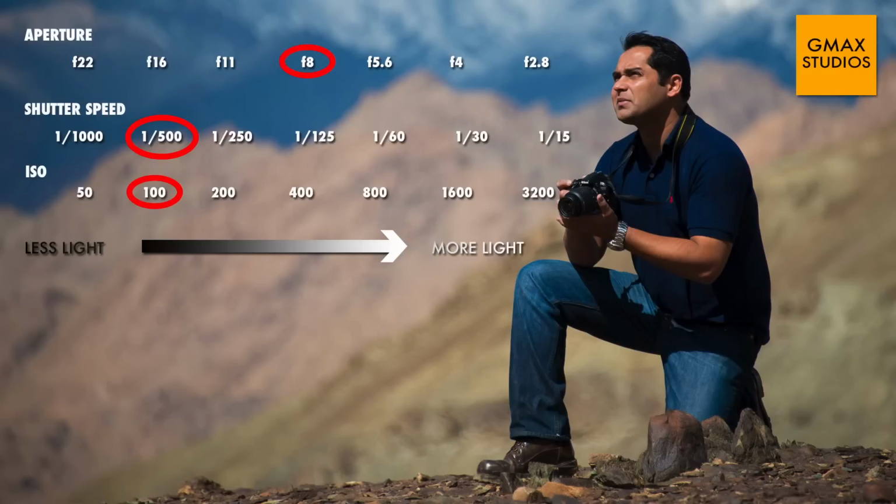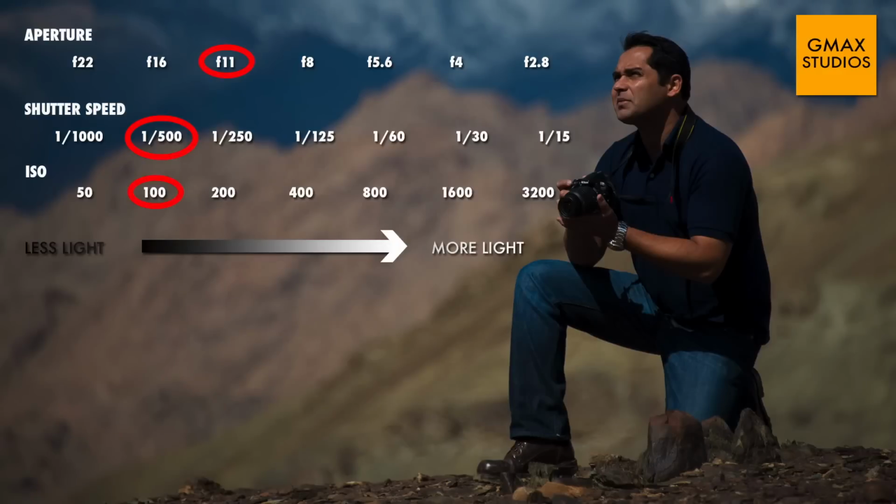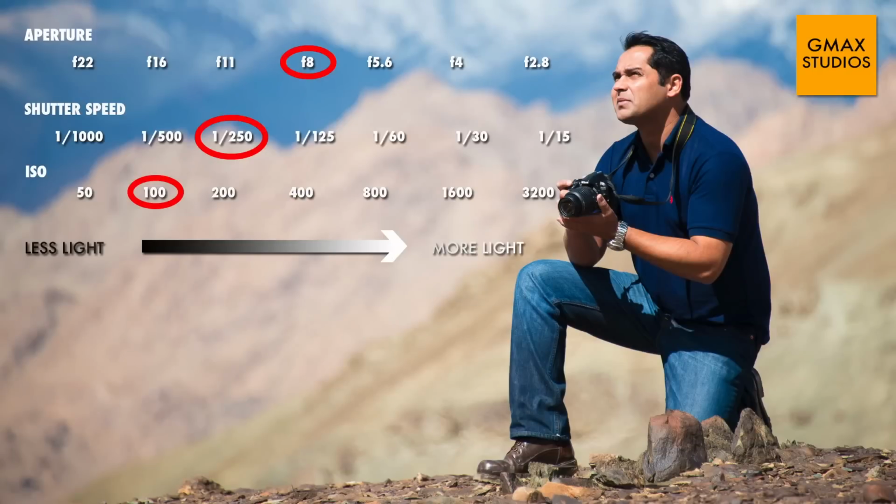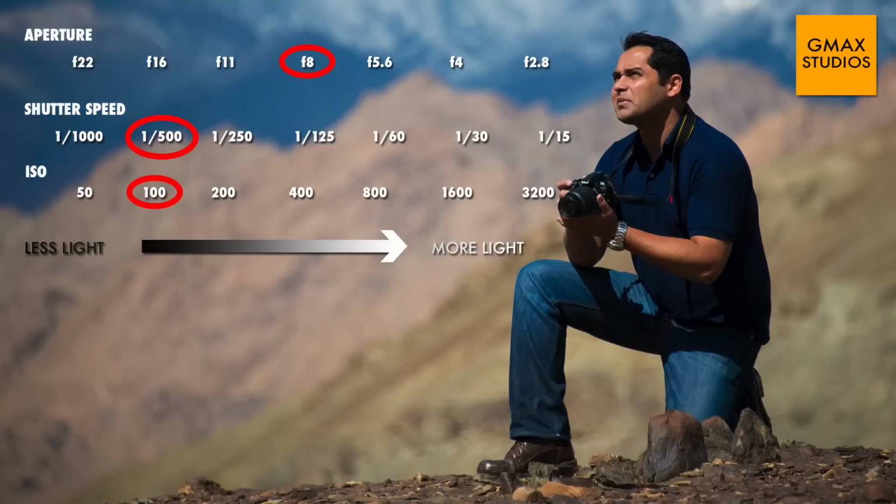Similarly, if we stop down the aperture further by one more stop to f11, we would have to compensate the shutter speed by one stop to slow it down to 1/250th of a second for more light to come in. If we now open the aperture by one stop, the picture becomes overexposed, and in order to lessen the amount of light coming into the camera, you would increase your shutter speed by one stop to 500th of a second.